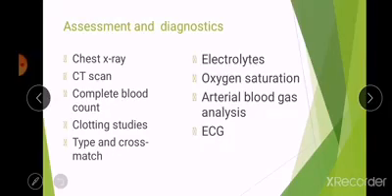And to obtain detailed information about the affected part, the doctor may order a computed tomography scan or your CT scan. And with your clotting studies, pag decrease kasi ang clotting factor ni patient, it may prolong the bleeding.